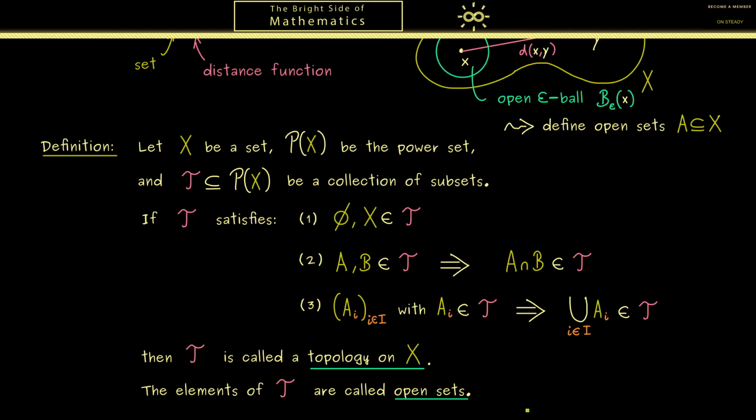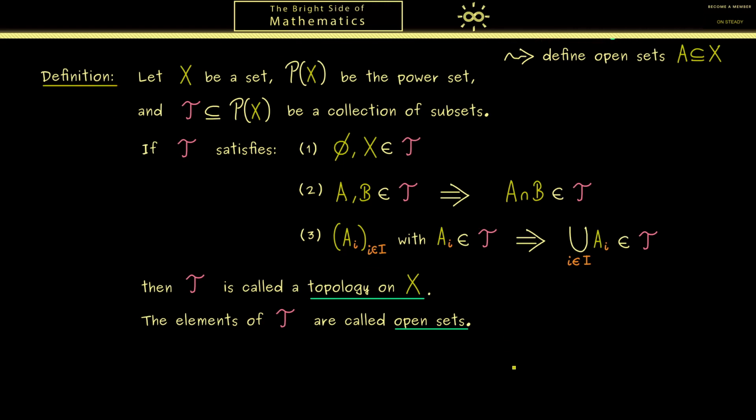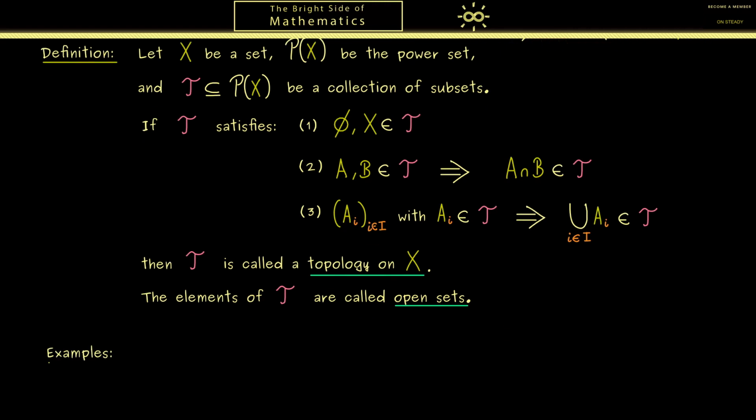Okay, I think it will be very helpful when we look at some examples. Therefore, let's start with the easiest examples. So the question is, what is the simplest choice for T such that all the rules are fulfilled? Of course, in order to satisfy the first rule, we need at least the empty set and X involved. However, if we leave it at that, we already have a topology.